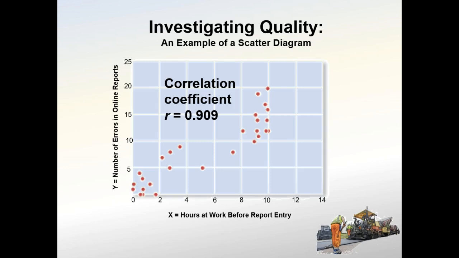So while this does not prove that one issue is causing the other issue, it does, however, suggest that anyone interested in improving the accuracy of online reporting should begin by exploring options to move this activity as early as possible in a work shift and/or investigate the conditions at the end of the shift for more detailed understanding of the root causes of inaccuracy, such as maybe employee fatigue.